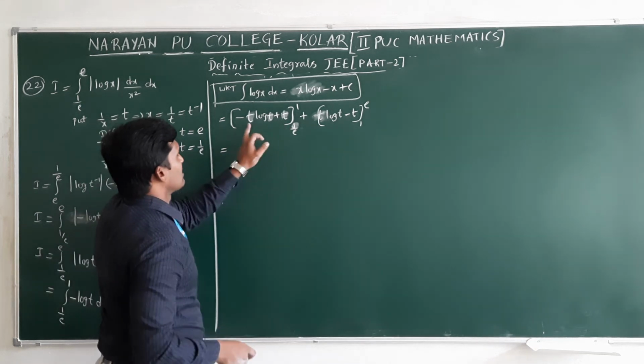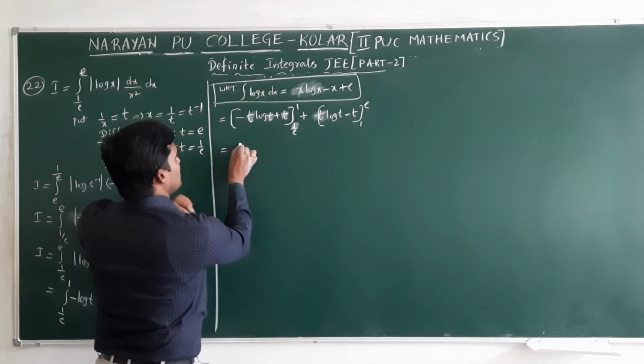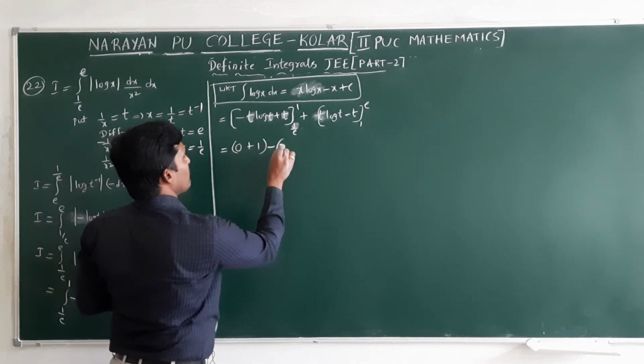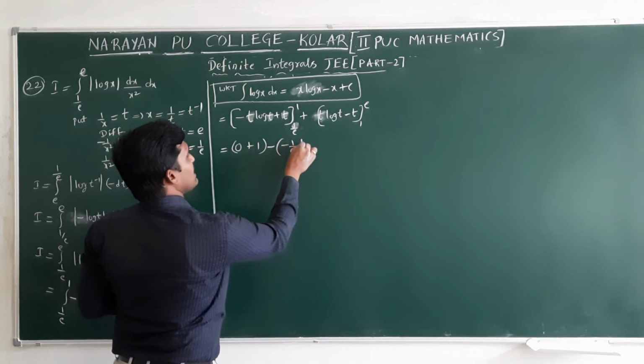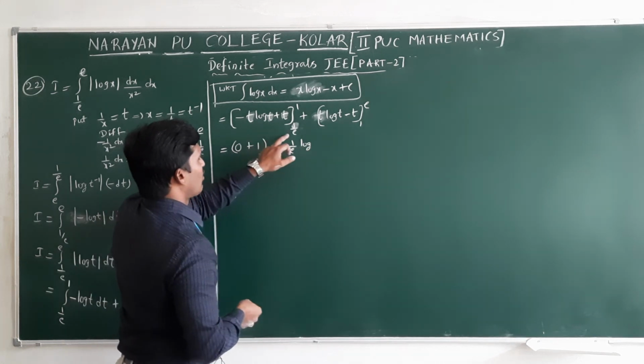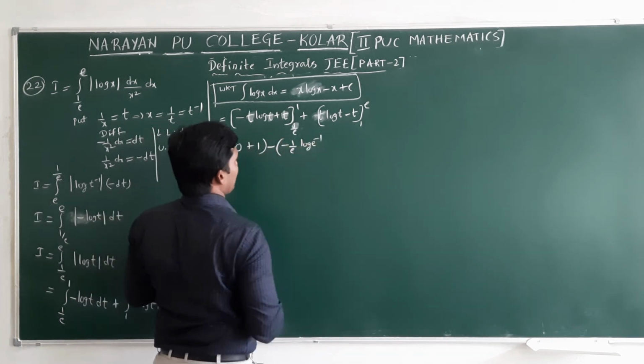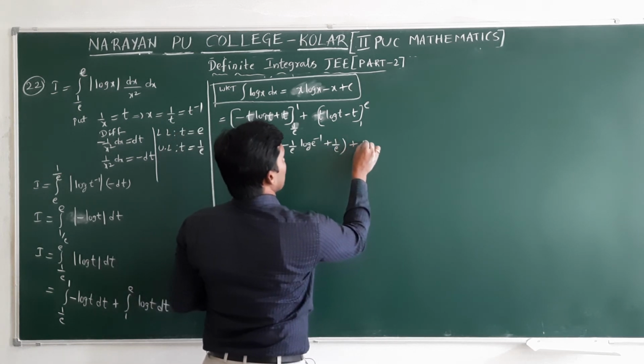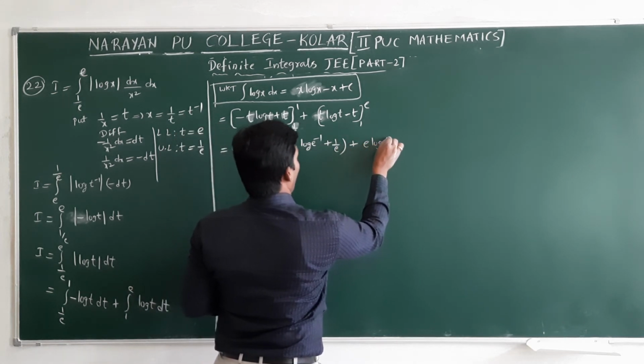Substitute the upper limit: 1 minus 1 into log 1, value 0, plus 1, minus of minus 1/e log t, log 1/e, that I can write e power minus 1, plus 1/e. Here upper limit e into log e.